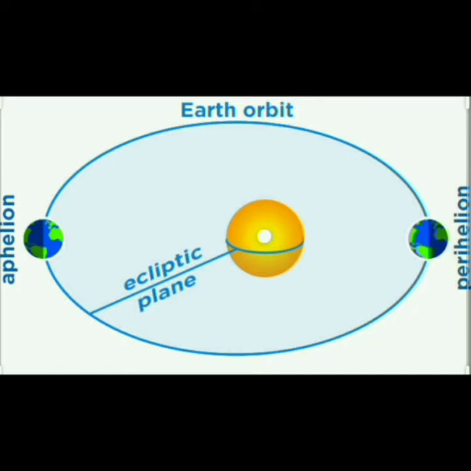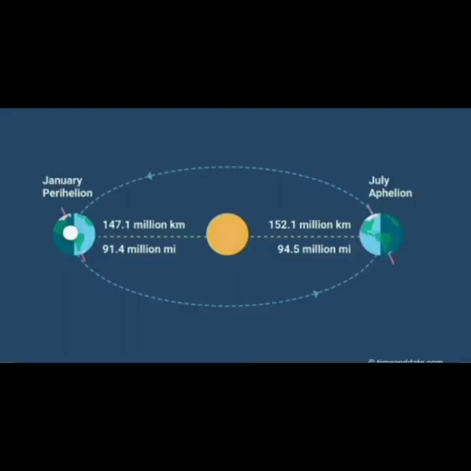So the second motion of the Earth is revolution. Okay, the movement of the Earth around the sun in a fixed path or orbit is called revolution. And the Earth goes around the sun in an elliptical orbit.